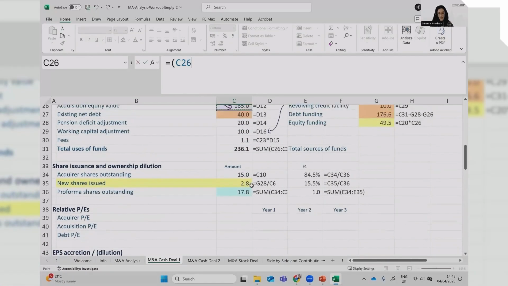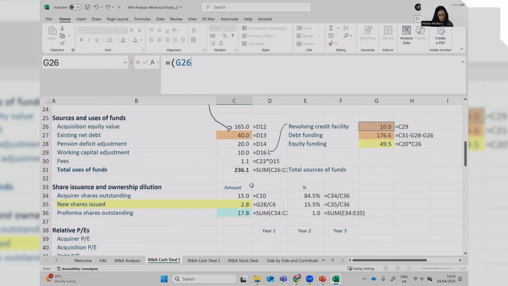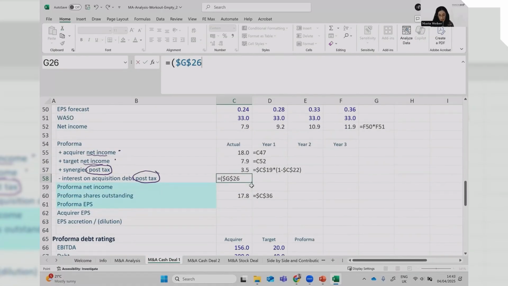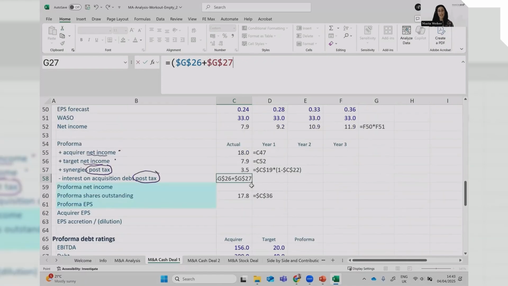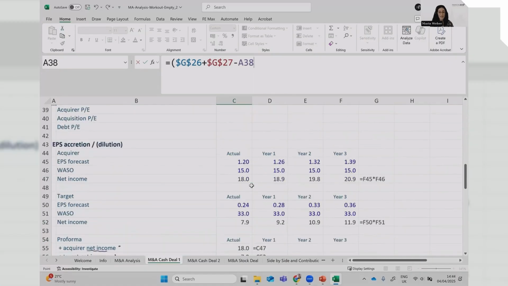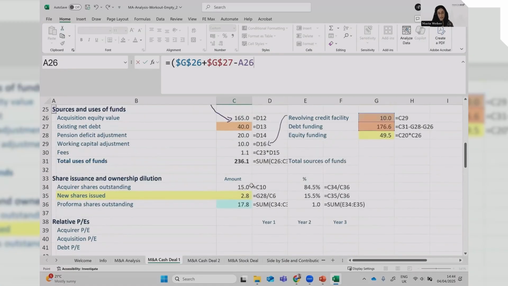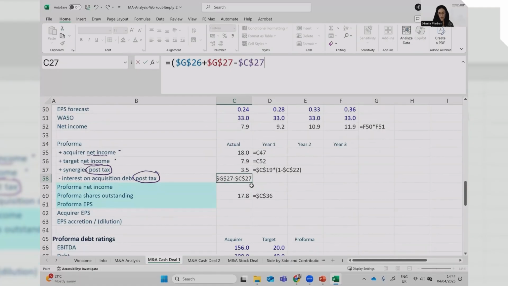So let's go pick up the revolving credit facility, F4 onto that. Plus, we're going to pick up the debt funding, F4, lock onto that. So that's increasing the debt in the business, but I'm going to subtract the existing debt of the target because that's going now. So I'm not going to be paying interest on that anymore. F4, lock onto that.